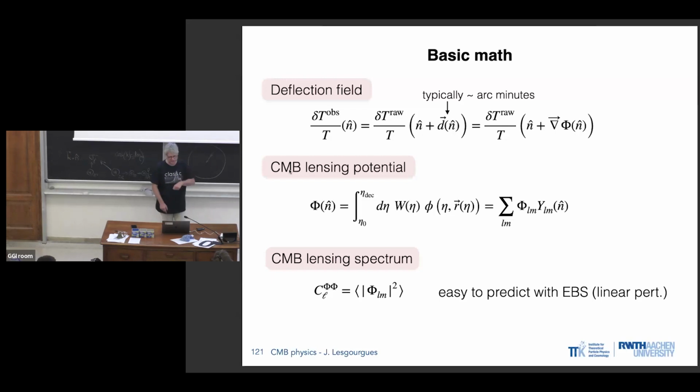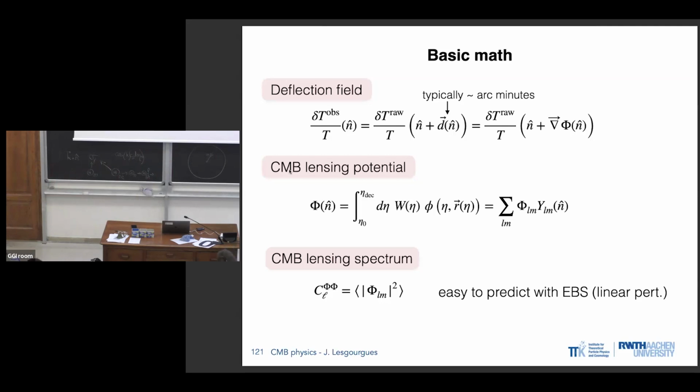So if we had tried from the beginning to take into account the fact that structures can distort the path of the photon, we would have had to incorporate effects of order 2 in perturbation theory. And we started with order 1. So it was a good description. So now we go to order 2 effects, which are the impact of the small deflection on the already small anisotropies on the last scattering sphere. So we have two small quantities that will get multiplied with each other.